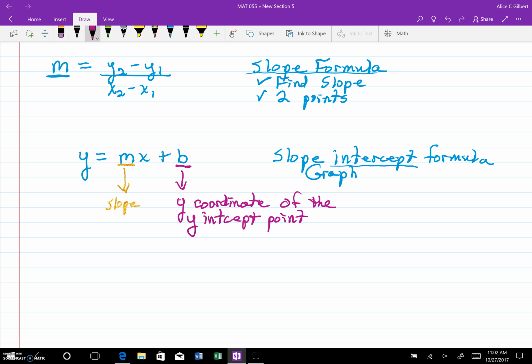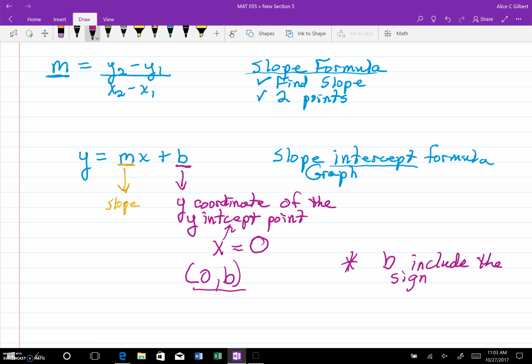And the x-coordinate in a y-intercept point is always 0. So the b gives us 0 and then whatever b is. And remember, include the sign.